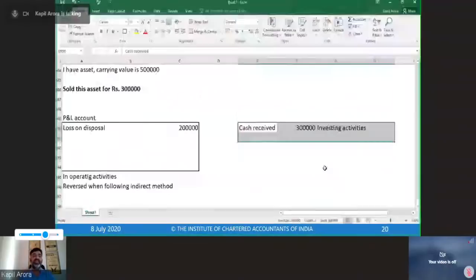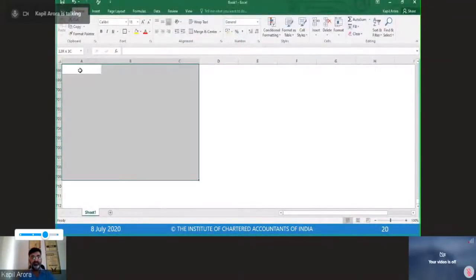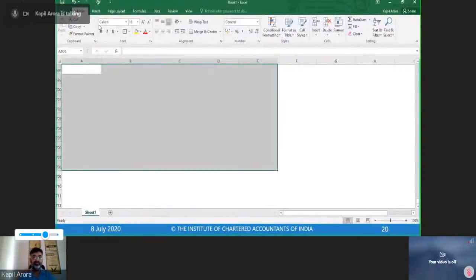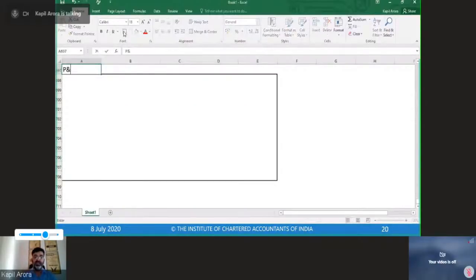So I am just taking the indirect method. In the profit and loss account, I have all the items, revenue, expenses, and at the end I have profit.